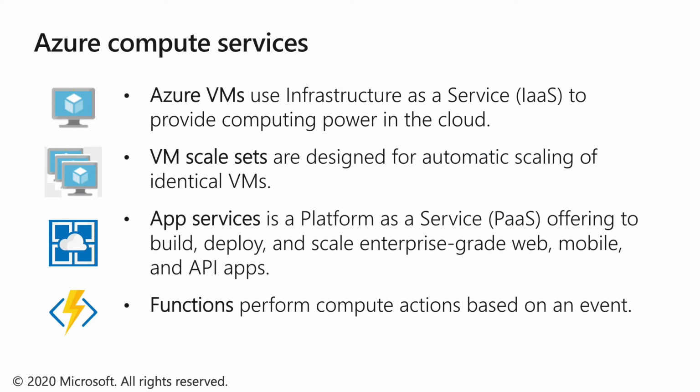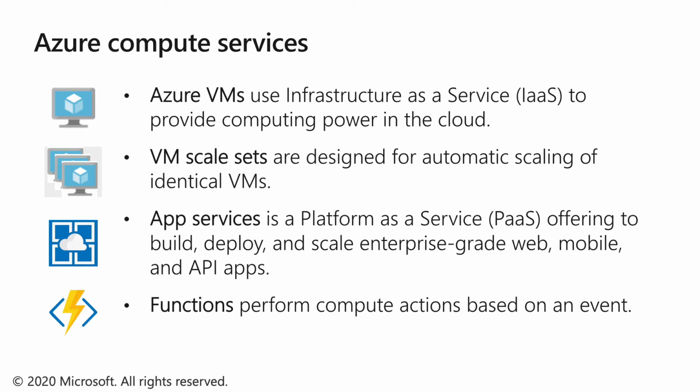Now, in terms of the services, Azure Compute Services include Azure VMs or virtual machines. They use infrastructure as a service, or IaaS, to provide computing power in the cloud. Then you've got VM scale sets, and these are designed for automatic scaling of identical virtual machines.